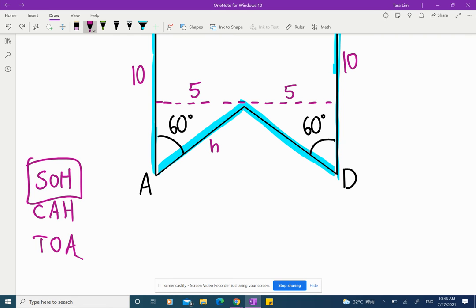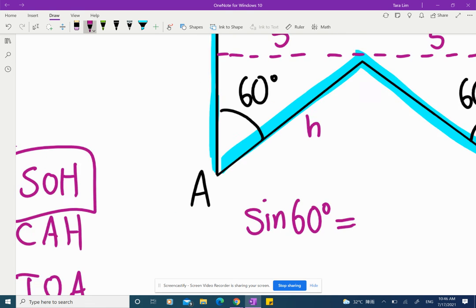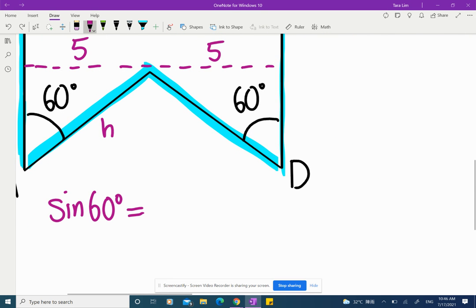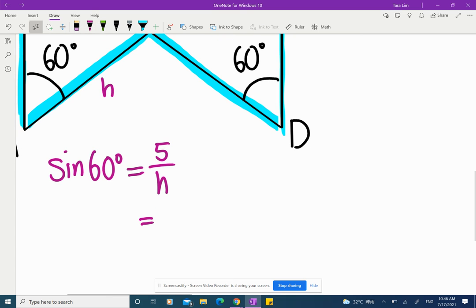So sine 60 degrees is equal to O divided by h, where O is opposite and h represents hypotenuse. So O, which is 5, divided by h. Now we want to calculate what h is.